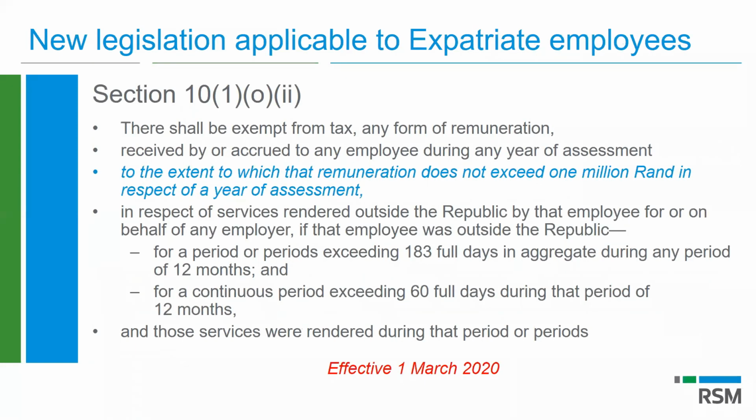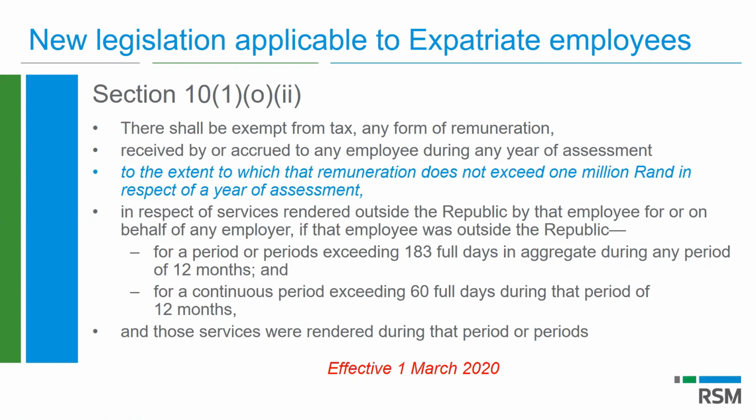So with that as the reasoning being provided by the authorities, we now have the new Section 10(1)(o)(ii) exemption laws. Now you will note, if you take the time to read through the detail, that this looks exactly identical to the current laws, with one small difference, which I've highlighted in blue. And all it is, is that there is a limit on the extent of income that qualifies for the exemption.